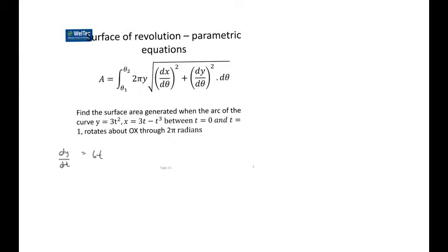We can find dx by dt, and we could factorize that. We need to find the square of each of those, and the square of the other one.